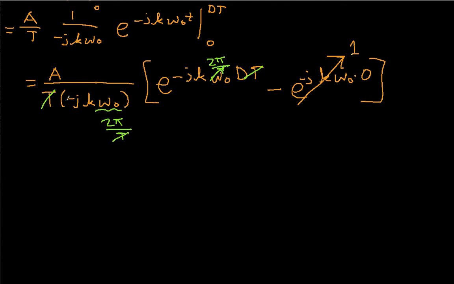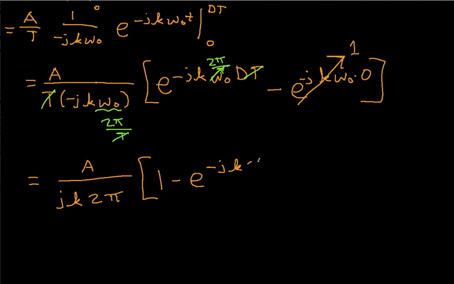We also have a negative sign down here. So let's use this to write this as a over j k 2 pi times 1 minus e to the minus j k 2 pi d.